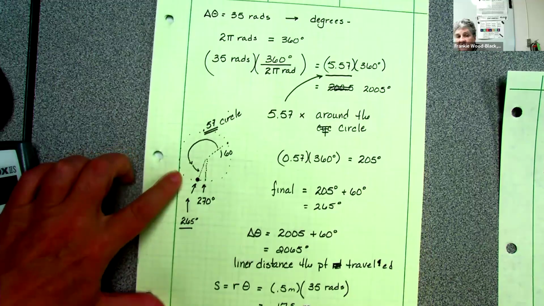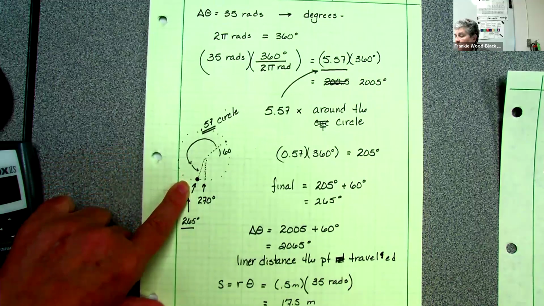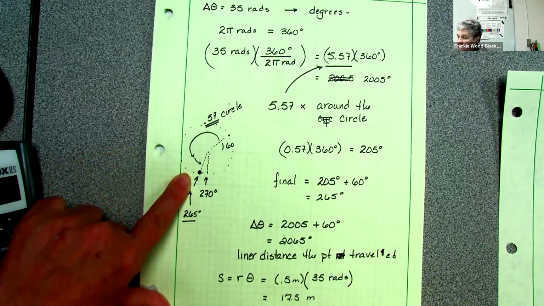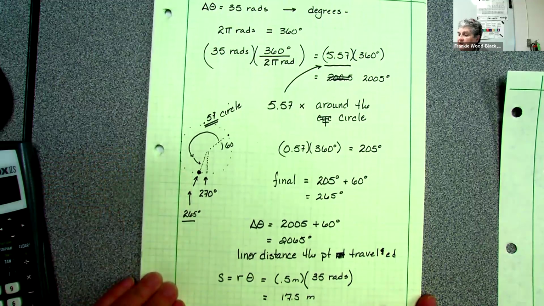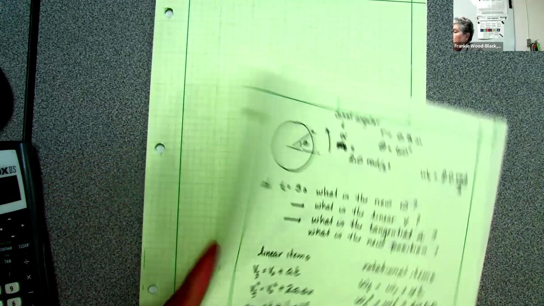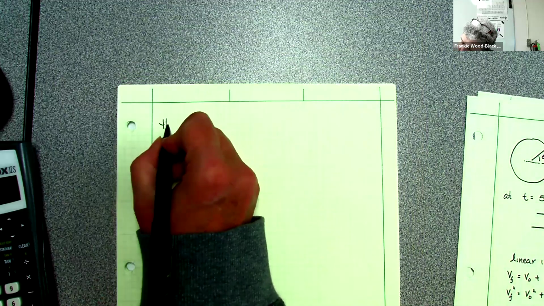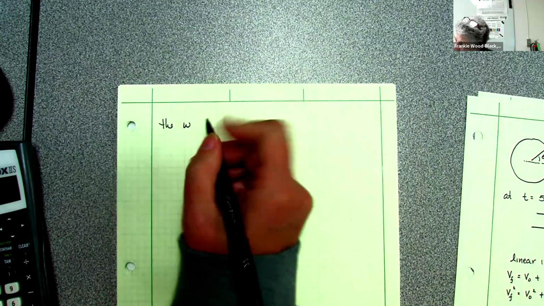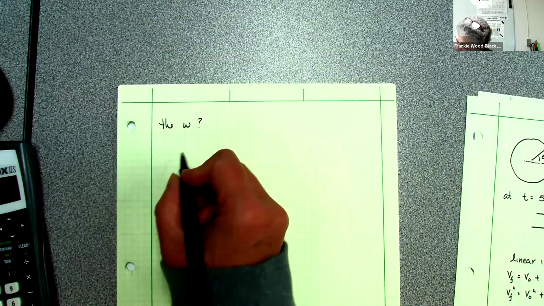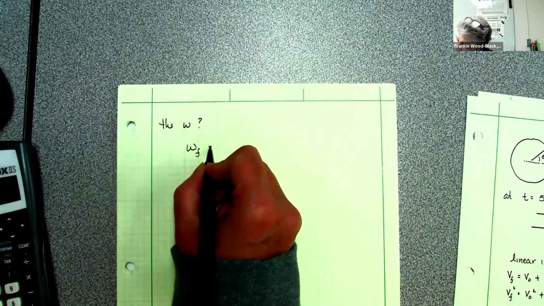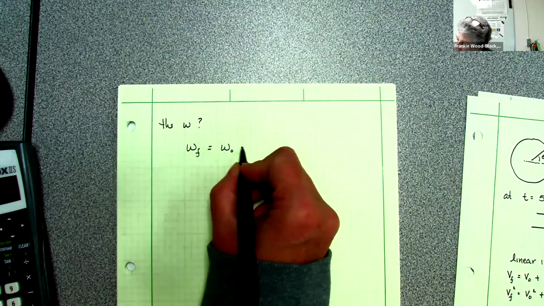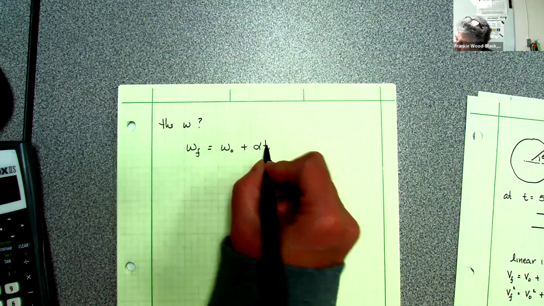My final position is going to be based on where I am on the circle. So there's a couple ways you can approach it, but that's one way to look at it. So let's find the new angular velocity. So we want angular velocity final is equal to my angular velocity initial plus my alpha times time.